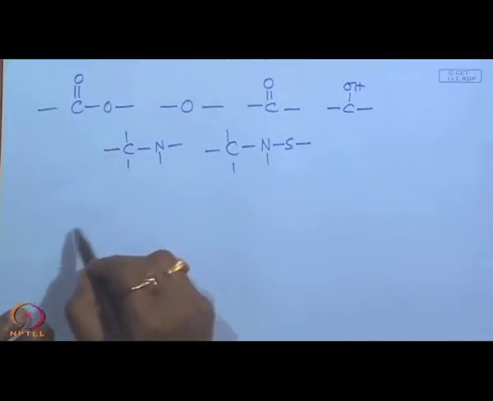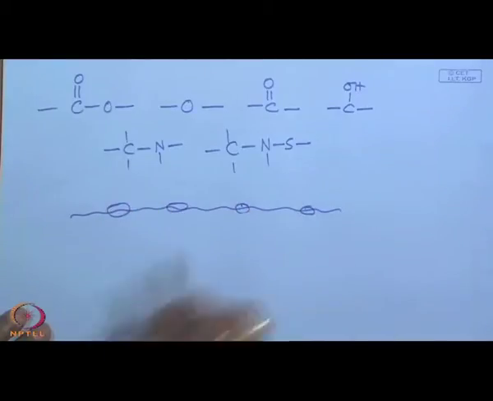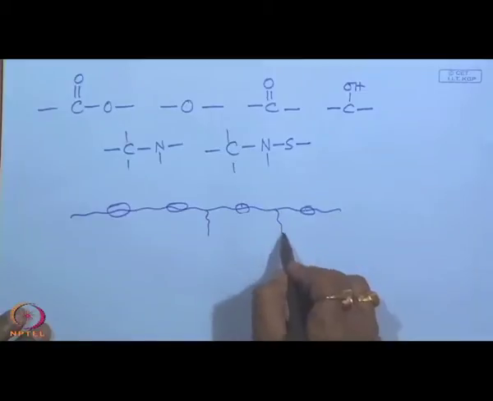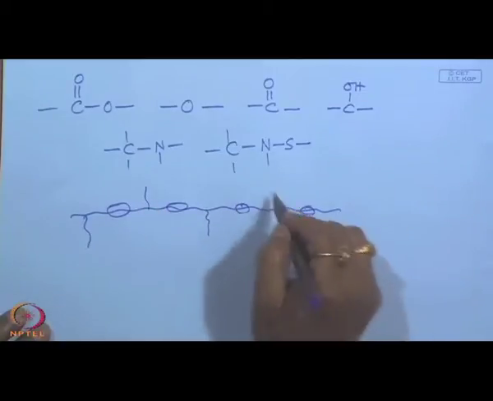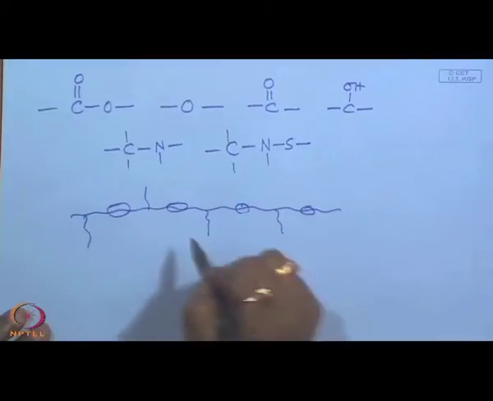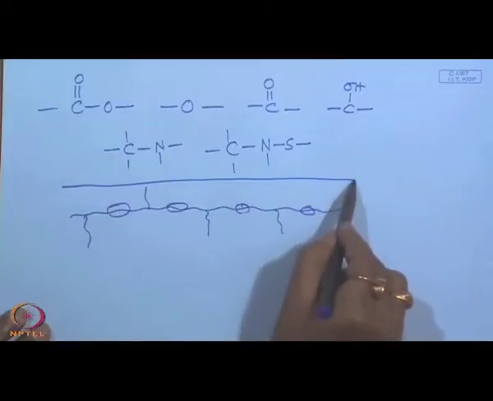If such groups are present along the backbone chain of the polymer, or they can remain as pendant groups in the polymer, both are possible and both are there in different commercial plastic products.